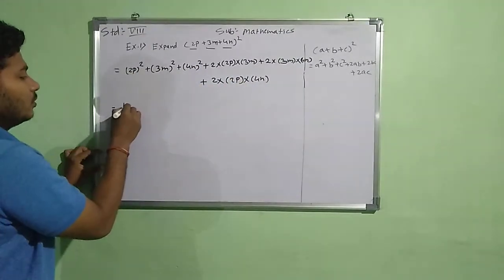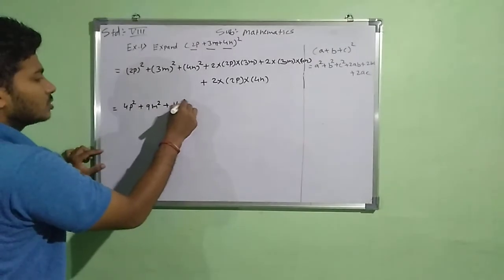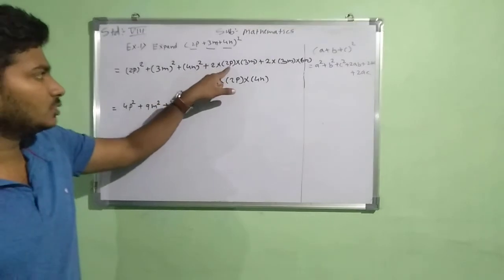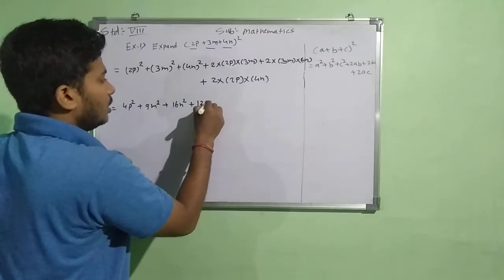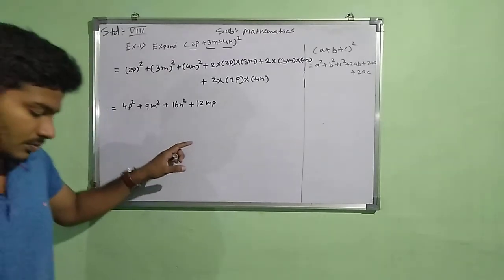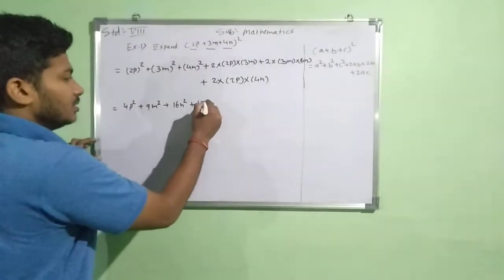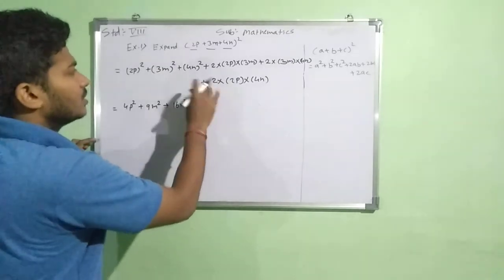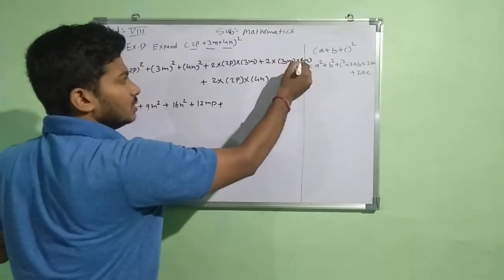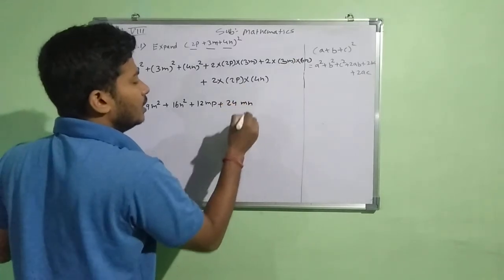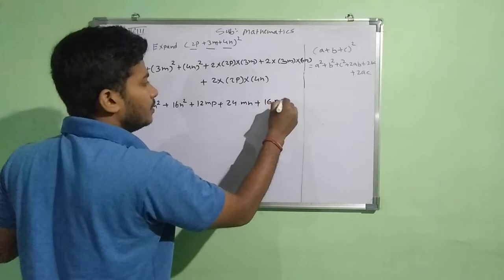2p square, that means square of 2 will be 4 and p square will be p square, plus square of 3 is 9 m square, plus square of 4 is 16 n square, plus now 2 multiplication 2 into 3 into 2 are 12, so it will be 12mp, because alphabetically that comes first, so it will be mp, plus 2 into 3 into 4, 2 into 3 is 6, 6 into 4 is 24, 24mn, plus 2 into 2 into 4, 4 4s are 16, 16np.